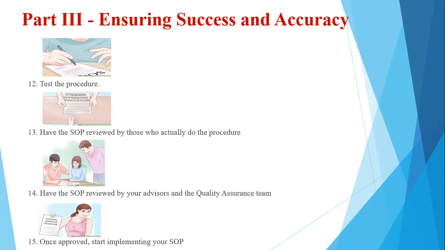They can come up with different areas of improvement. So allowing a wide variety of responses to improve and to see to it that you come up with the most accurate SOP.